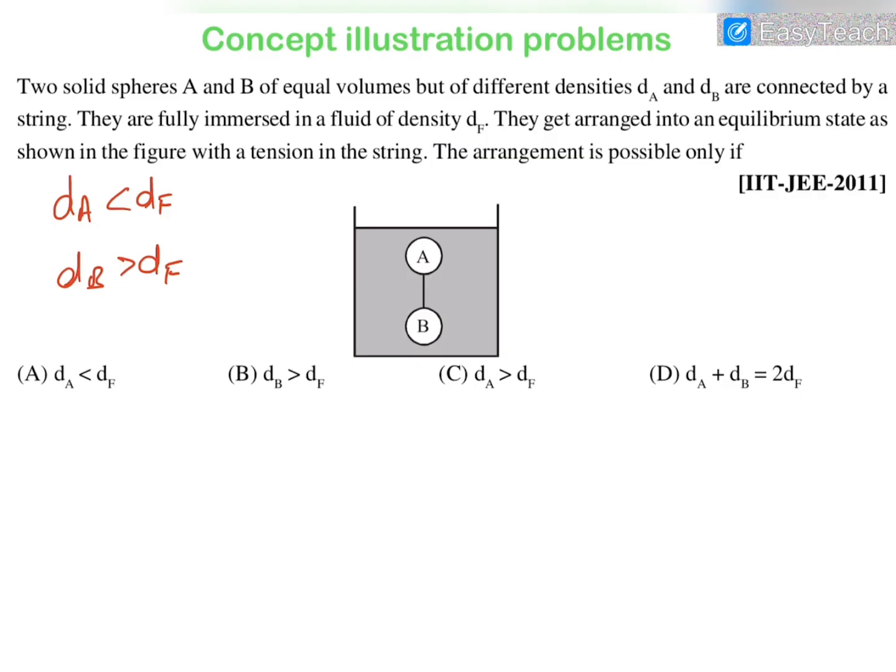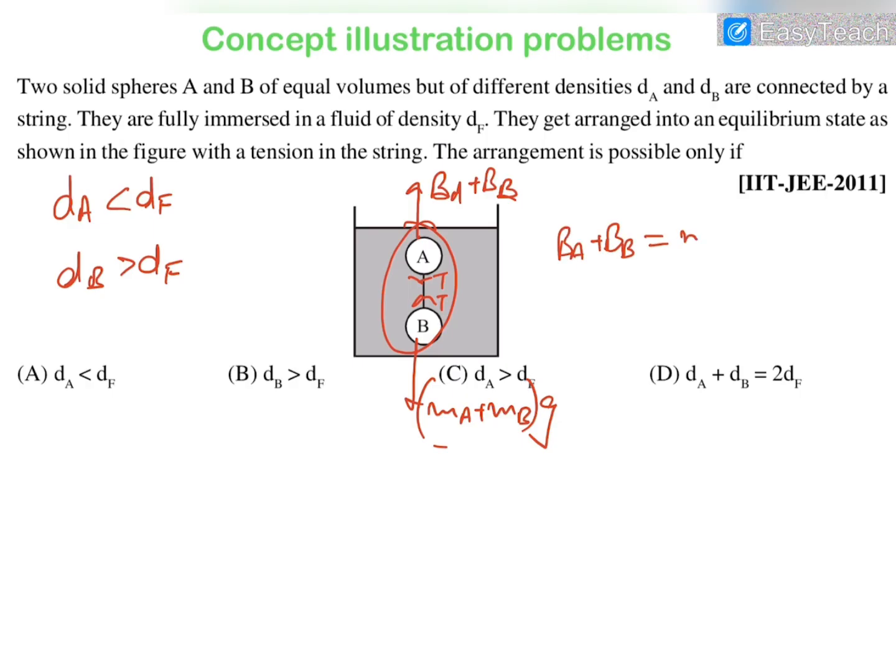Now secondly, we can say that this system has buoyancy BA plus BB acting in the upward direction and (MA plus MB) g acting in the downward direction, and tension is an internal force, so we are not considering the tension in the free body diagram of the complete system. So buoyancy A plus buoyancy B will be equal to (MA plus MB) into g.